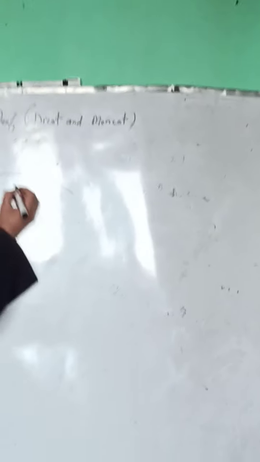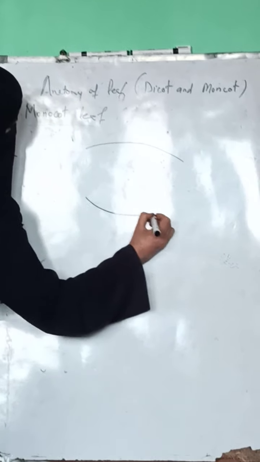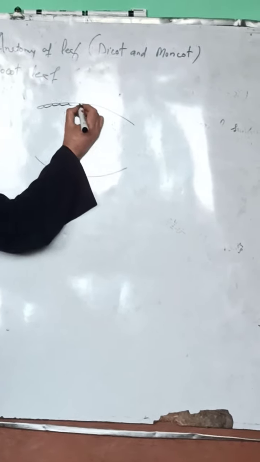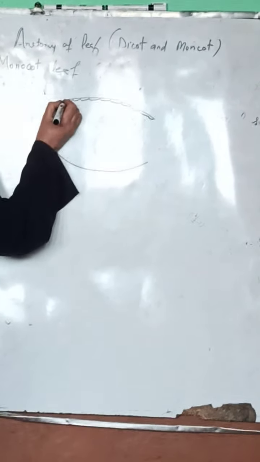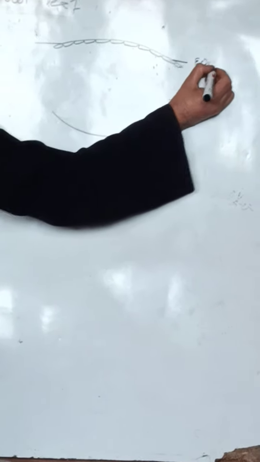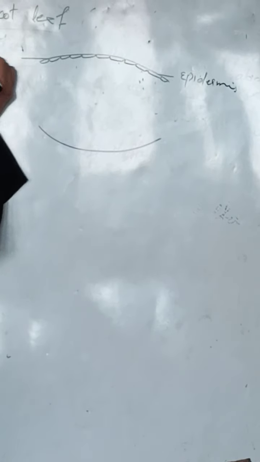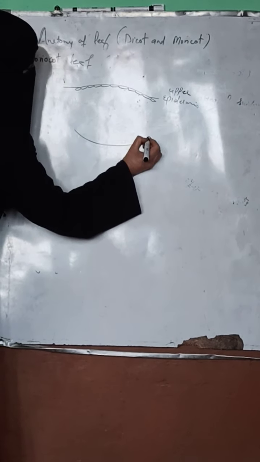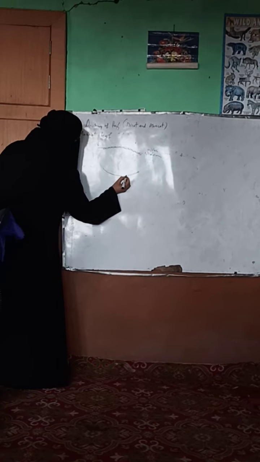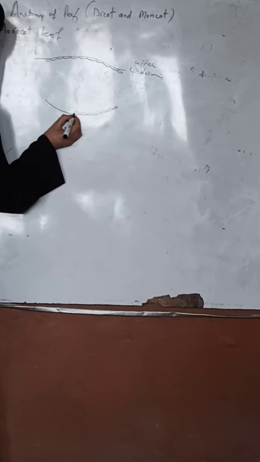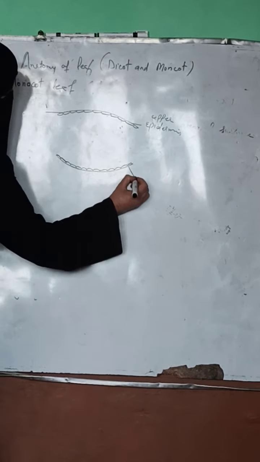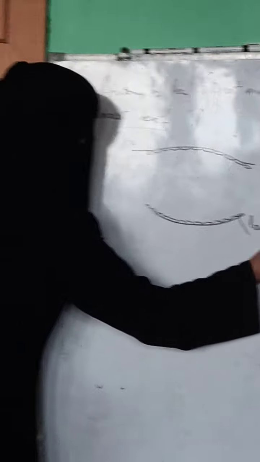This is epidermis, upper epidermis, and this is lower epidermis. This epidermis is single layered, as such was in case of dicot leaf.